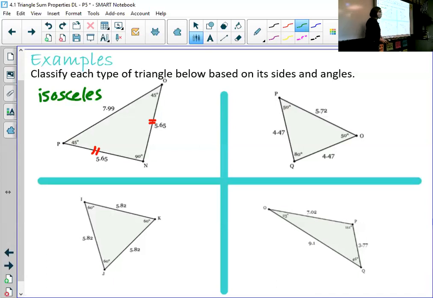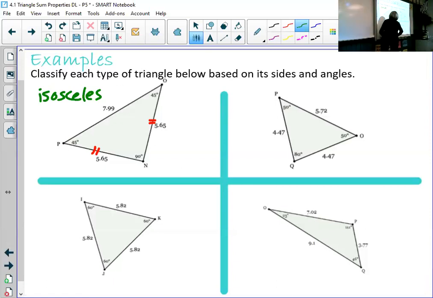And then they want us to also name it by the angles. So I have 45, 90, and 45. I had 4 different ways to classify according to angles: acute, right, obtuse, and equiangular. Which one of those 4 do you notice? Correct.